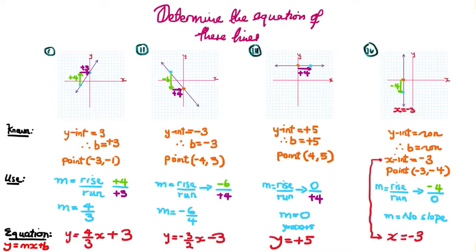So once we've seen these big broad ways of determining the slope of lines that are different from each other, one we notice is that the slope is positive, 2 tells us that the slope is negative, 3 tells us that the slope is actually 0, and finally the other one is that there is no slope.